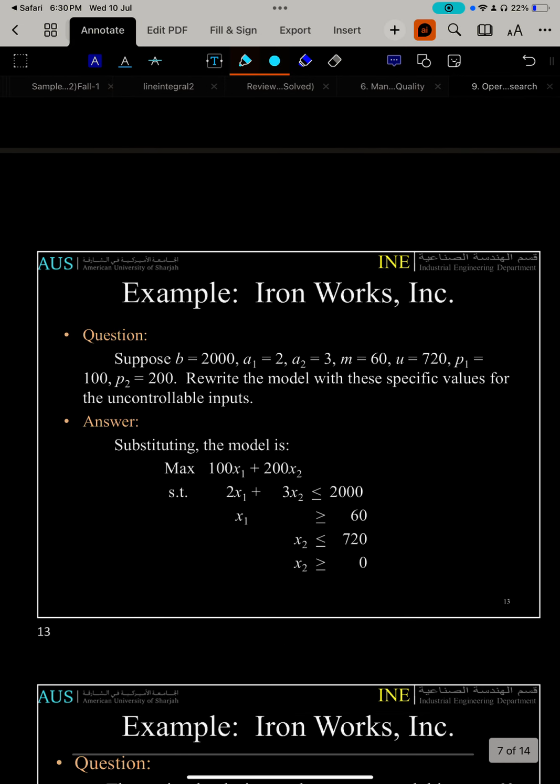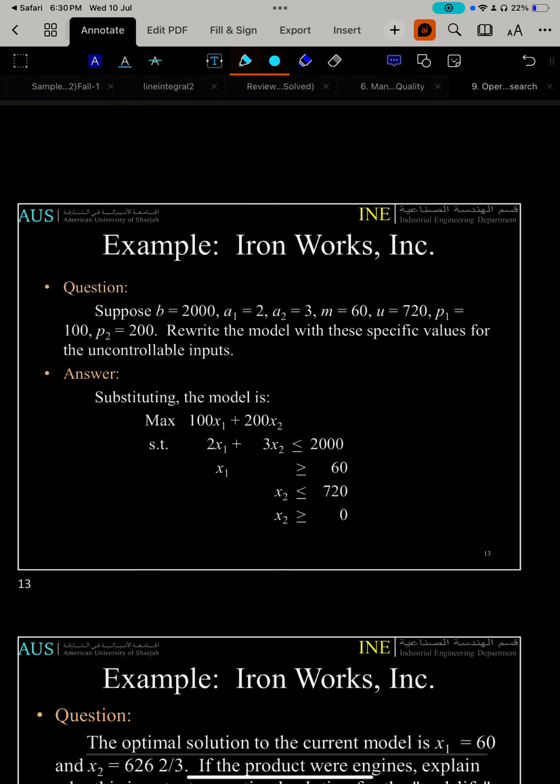Now we have a question with numbers, and I think this is something we need to go through. Suppose we have 2,000 kilos of steel. To produce product one, we need 2 kilos. To produce product two, we need 3 kilos.